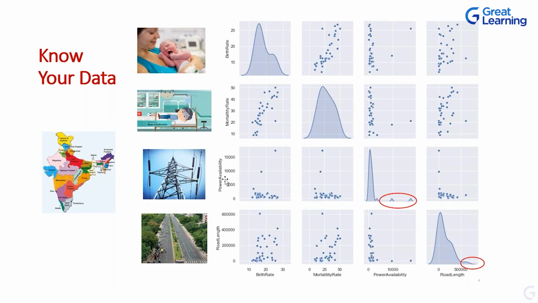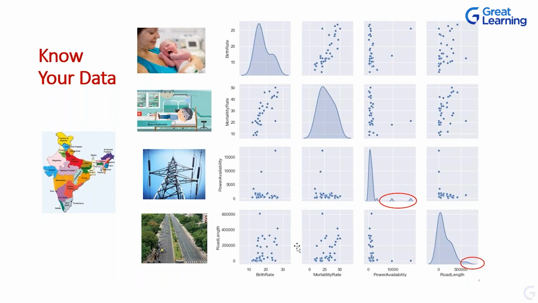With regard to power availability, look at the distribution. Look at the right hand tails. Oh my God. It looks like things are not uniform. And there are states which can be termed as outliers. And from a clustering perspective, definitely they will create some trouble.